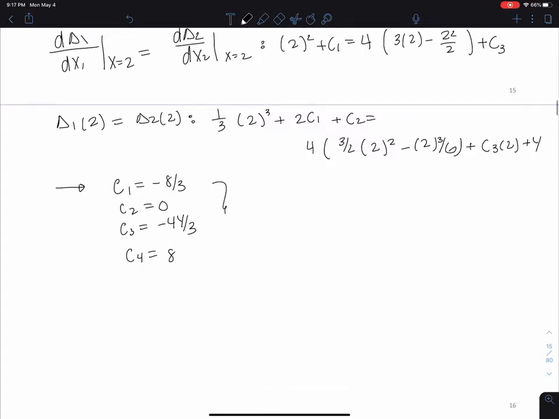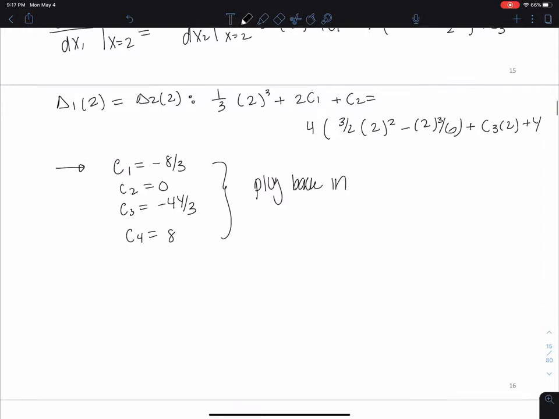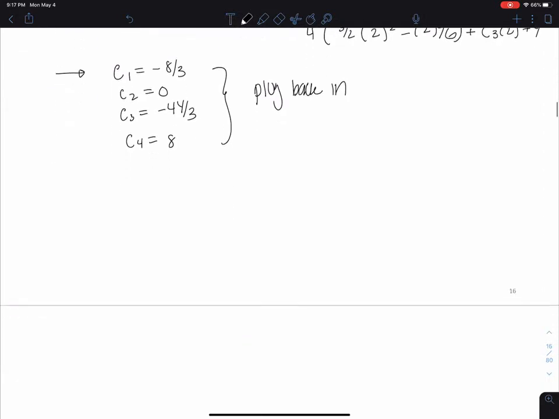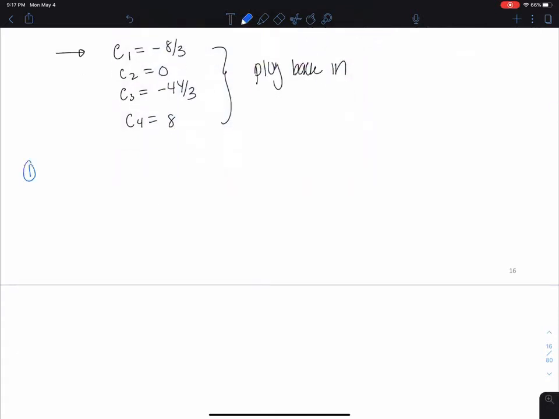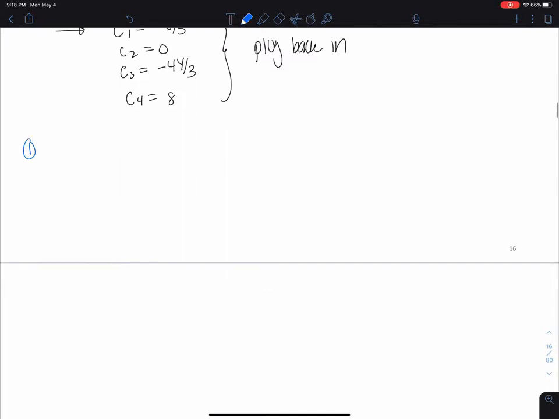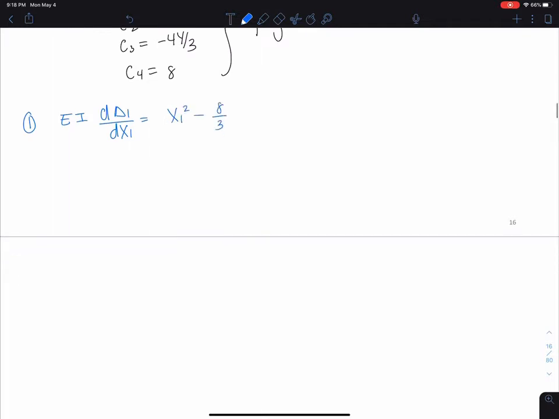Now I want to plug these back into my equations so I can get my complete equations. If I do that, I get EI d delta 1 over dx1 is equal to x1 squared minus 8 over 3, and EI delta 1 equals 1 over 3 x1 cubed minus 8 over 3 x1.